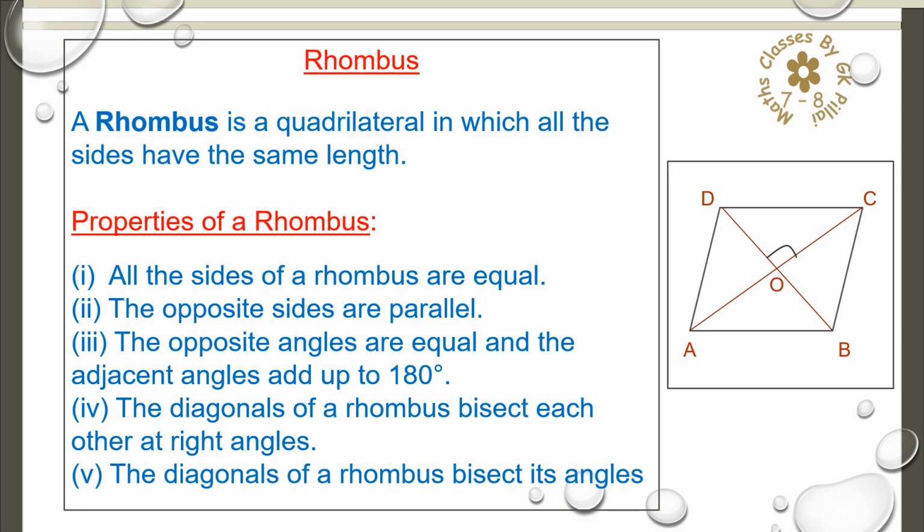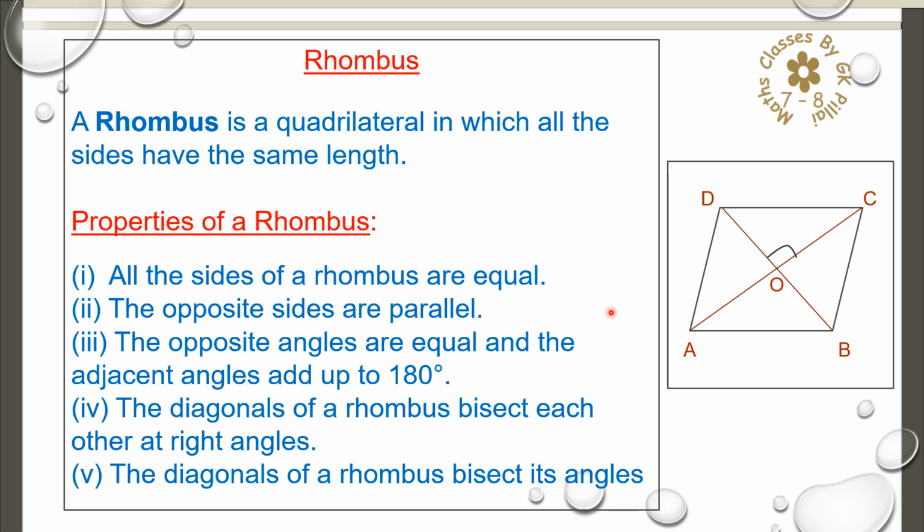Rhombus is an important figure. Rhombus is also a parallelogram only. A rhombus is a quadrilateral in which all the sides have the same length. In a square also all the sides are of equal length only. But the properties of rhombus are a bit different.